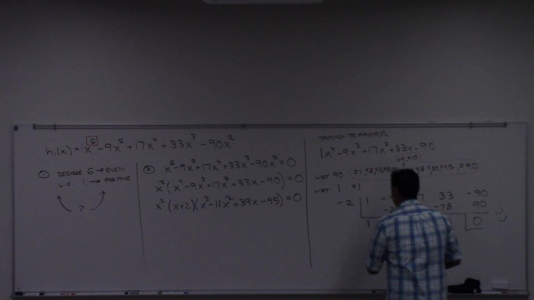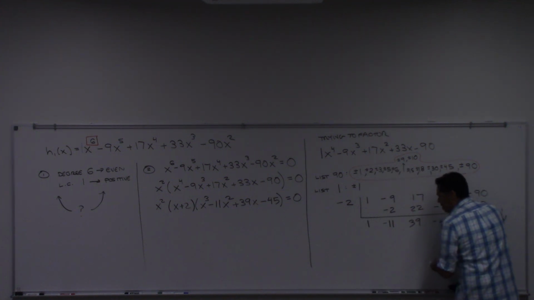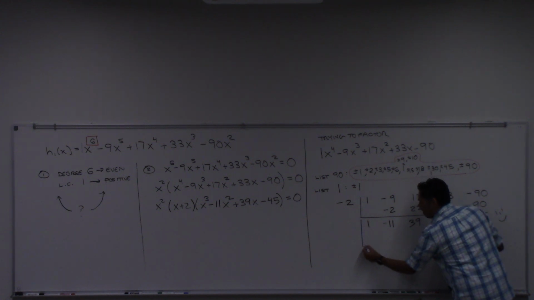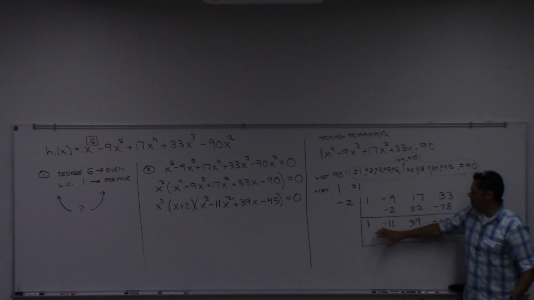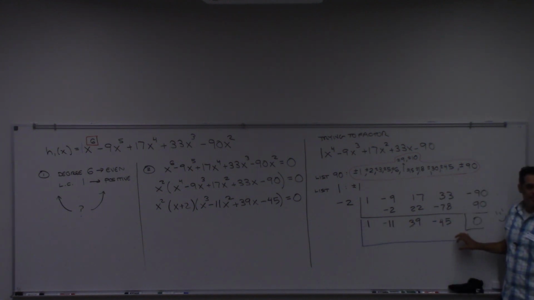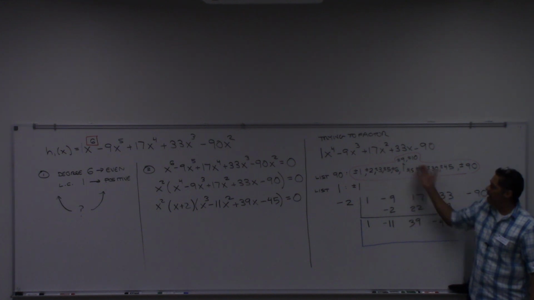So from here, I'll do it in a different color, I'm going to create another synthetic division box below it. And I'm going to do synthetic division on this using the list that I have here.